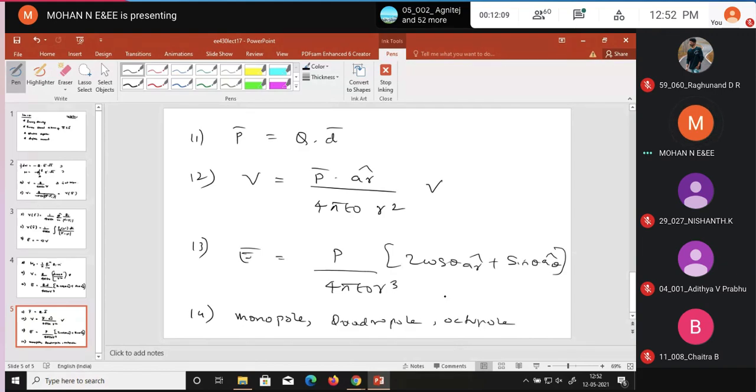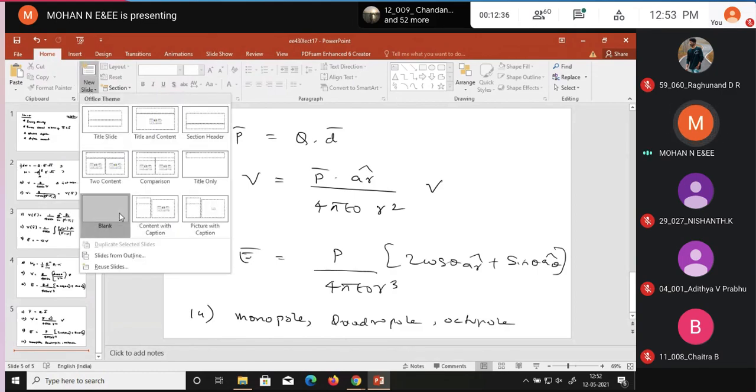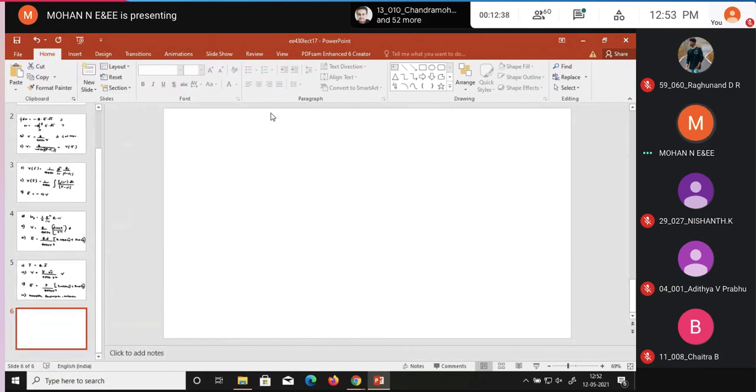And multipoles: an arrangement of two dipoles is called a quadrupole, and an arrangement of two quadrupoles is called an octopole. These things we discussed very recently in the last class. So we shall solve some problems on these concepts, and we shall conclude this chapter.